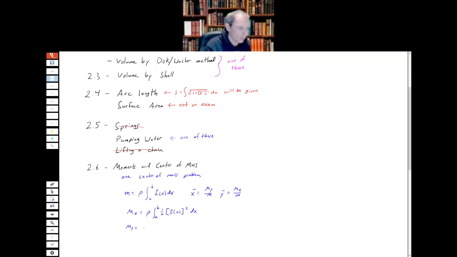Okay, so here are the formulas for center of mass, really, right? We have the mass equation, and then we have the actual centers at x bar, y bar, where x bar is My over m, y bar is Mx over m, and then we have what Mx and My are.